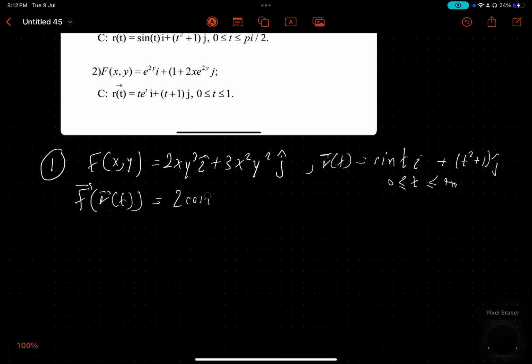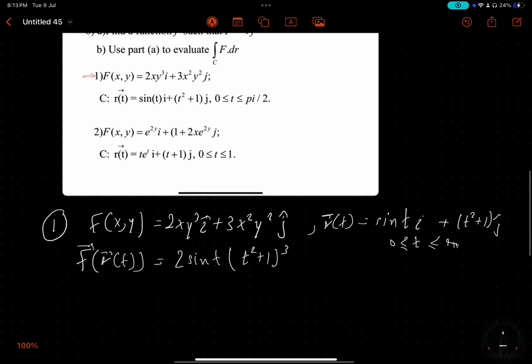Our x is sine of t, so it's 2 sine of t, and then y is (t squared plus 1) all to the 3. Okay, r of t, nice.